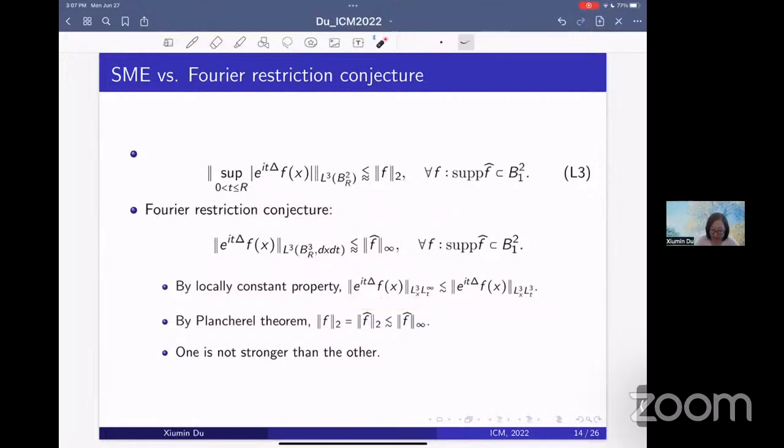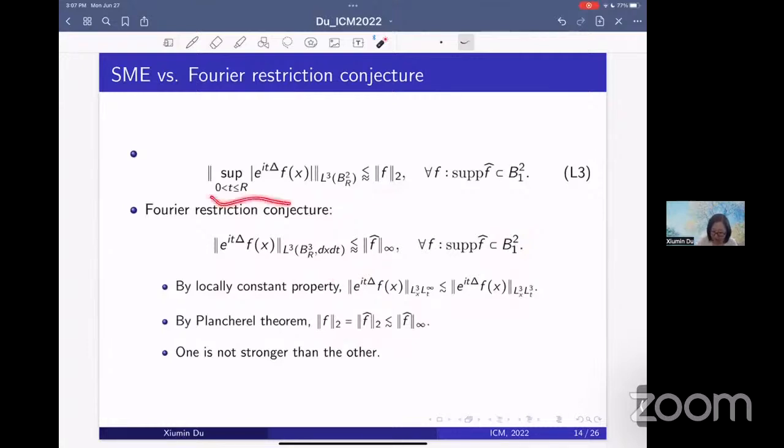And for the terms on the right-hand side, the L2 norm of f equals the L2 norm of f hat by Plancherel's theorem, and because f hat has compact support, its L2 norm is bounded above by its L infinity norm. So by these comparisons, this term is smaller than this one, and this term is smaller than that one. So one estimate is not stronger than the other.